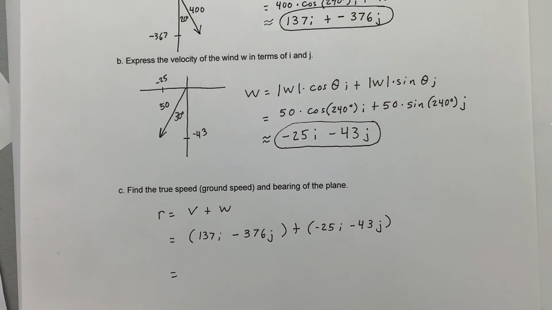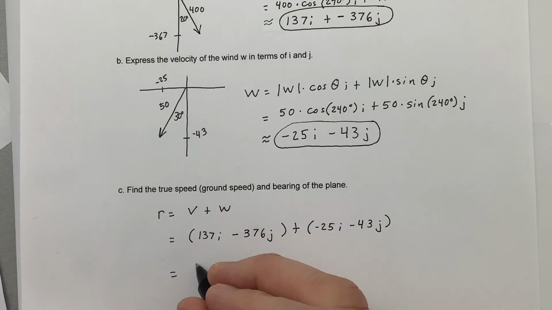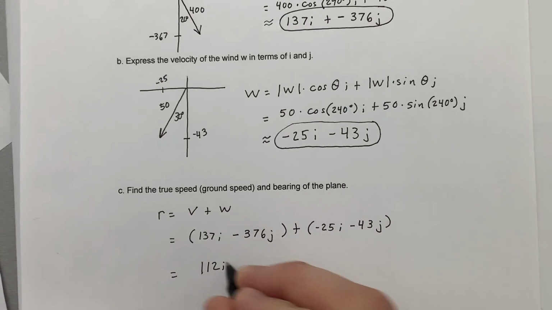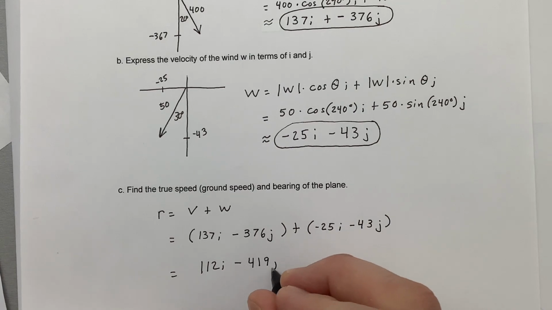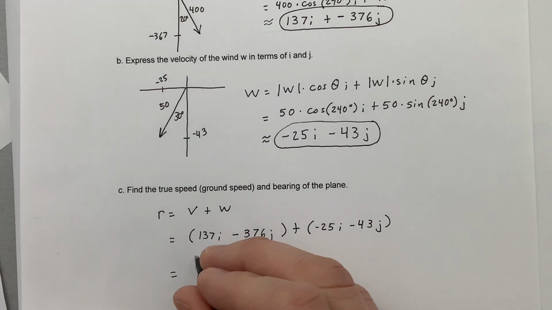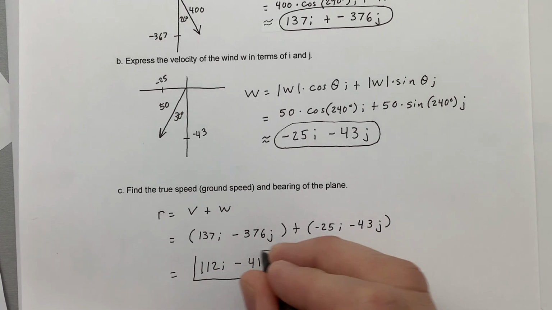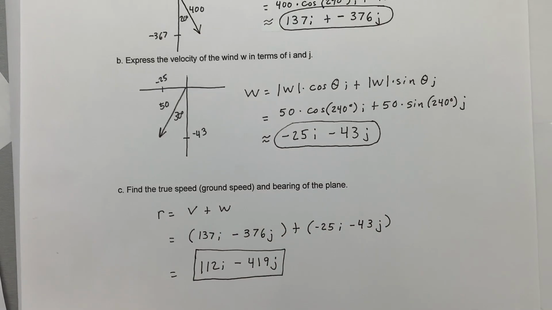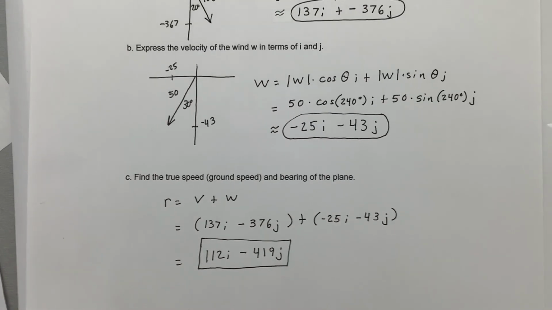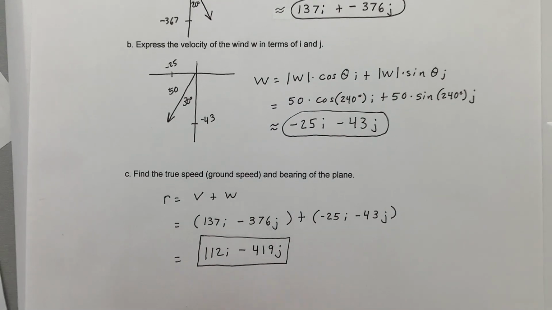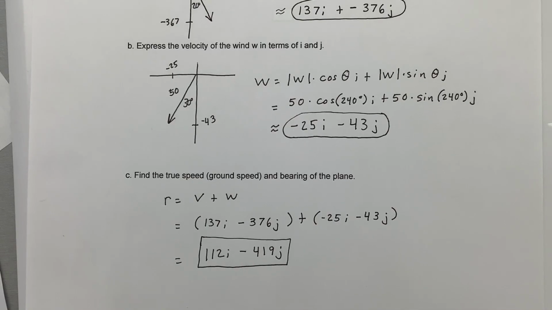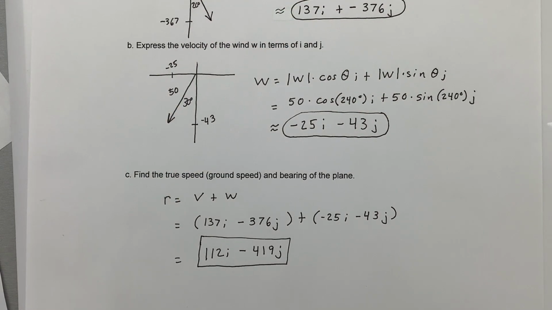And now as we add those up, the I's will get us 112I, and the J's, 419. So again, we call that the resultant vector, okay? This is where the plane is actually going when accounting for the wind speed and setting our original destination, okay?